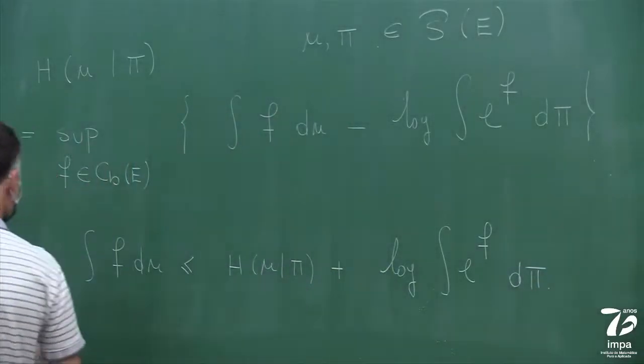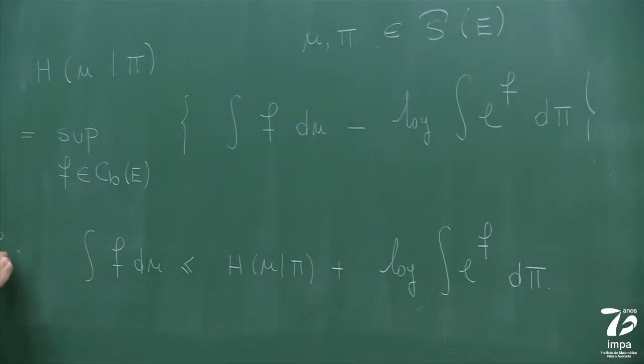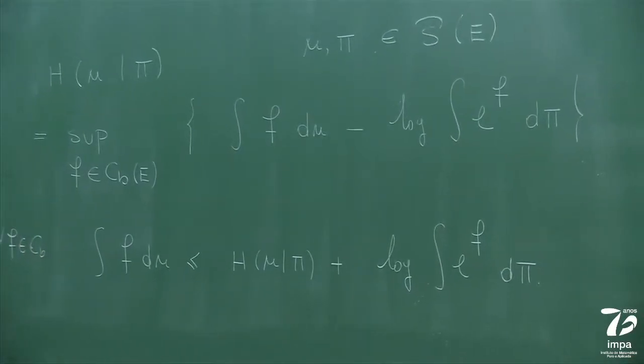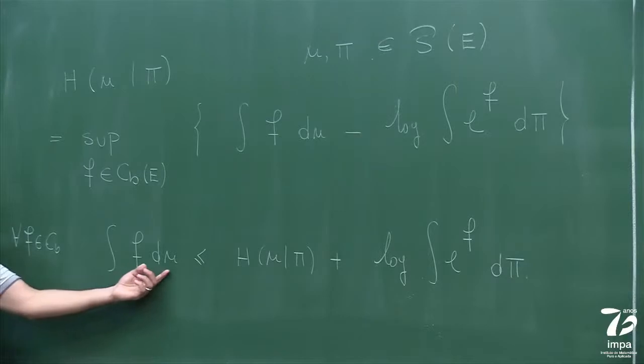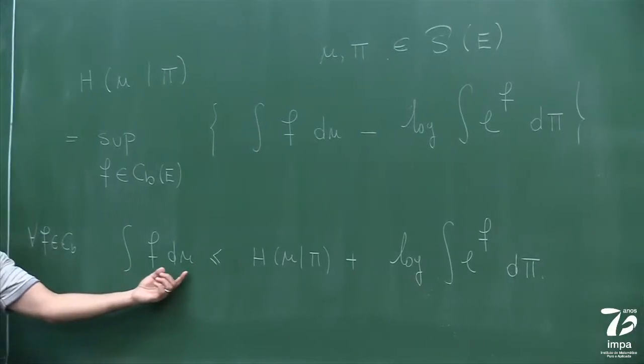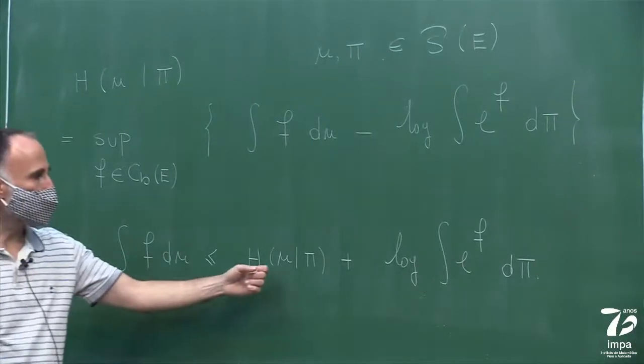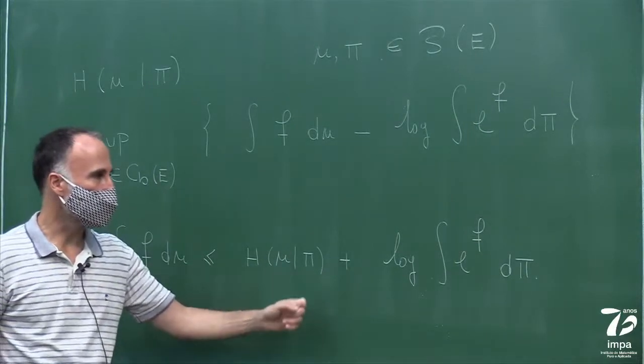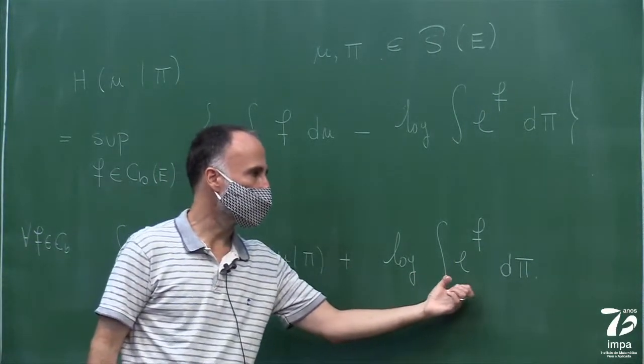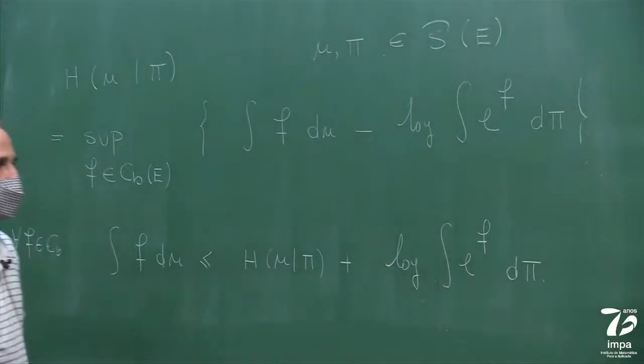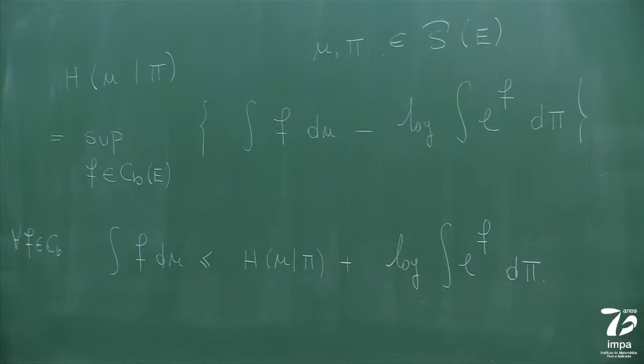So this means that for all functions which are continuous and bounded, I can estimate the integral of f with respect to mu by the entropy of mu with respect to pi plus the log of the integral of the exponential d pi. So this is how we are going to use the entropy.